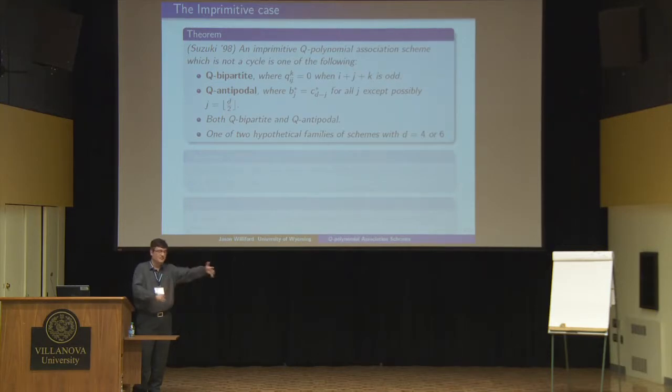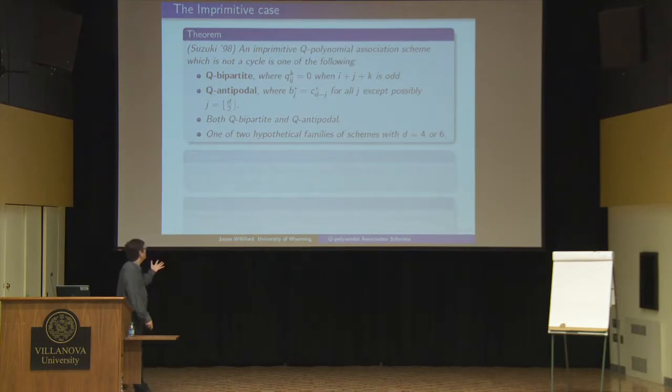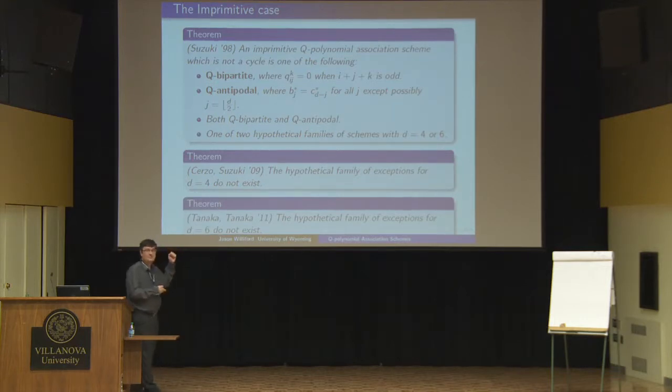Now, I like this theorem for a couple of reasons, but one, it illustrates that just because something is straightforward for distance regular graphs, it doesn't mean it's straightforward here. It turns out that the dual to that theorem actually does hold, but it's a lot more difficult. And in the original proof of this, there were also two hypothetical cases that couldn't be ruled out, that had to be ruled out separately. The last one just a couple of years ago.